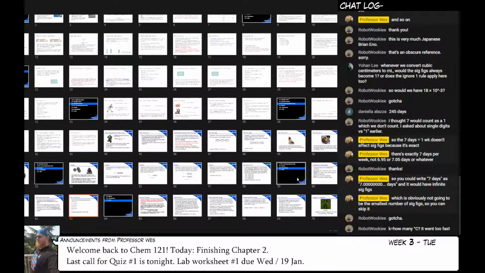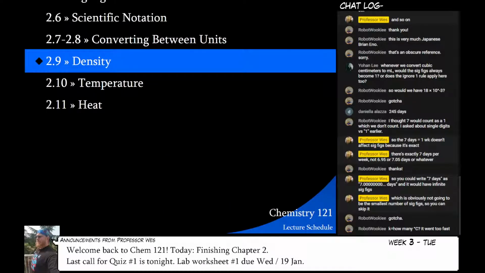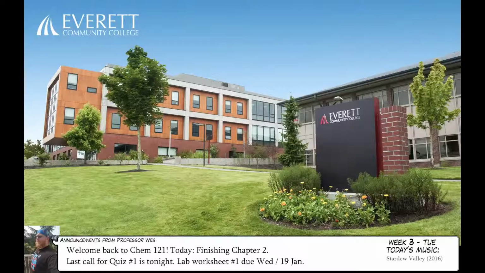We're going to do the density problems there, which is right here. This is where we want to be. So I'm going to put this on the screen just so it bookmarks it. That'll be the end of chapter 2. We don't do the heat section in my slides. That was from an old version of the textbook that it's no longer even in the modern version of the textbook. I don't know why they took it out, but we don't do it anymore. So those slides are just sort of there. And I am going to ignore them, and you can too.